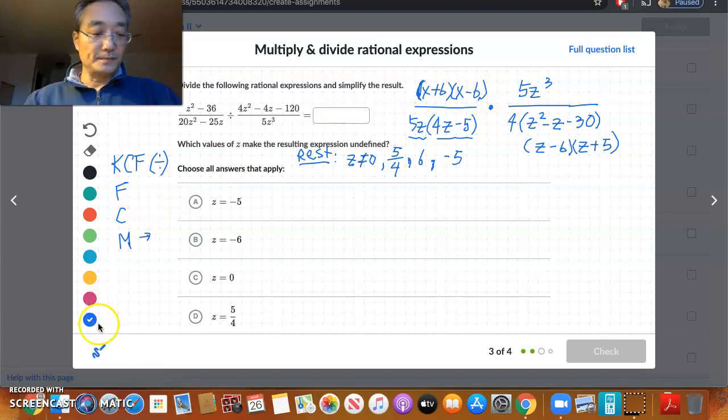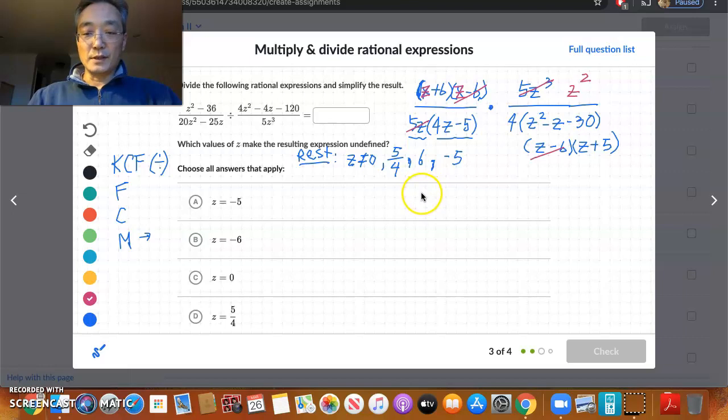Now let's cancel. What can we cancel here? Sorry about that, guys, I put x's up here, but these are z's. Definitely z minus 6 is going to cancel with the z minus 6 down here. And this 5z is going to cancel with 5z cubed, leaving us with z squared.